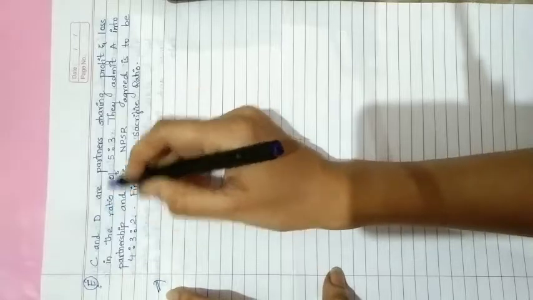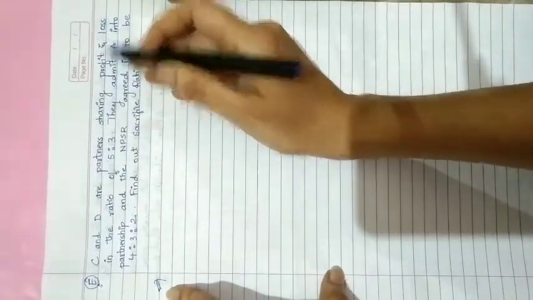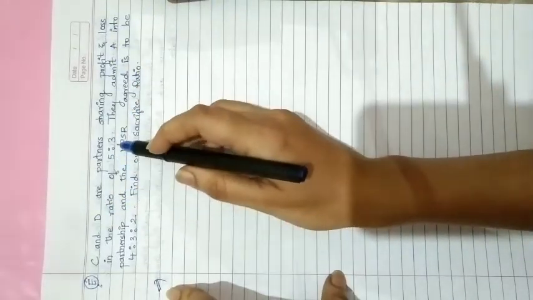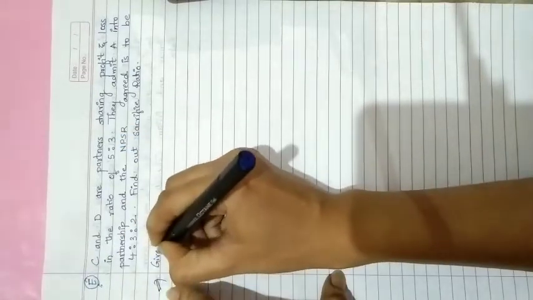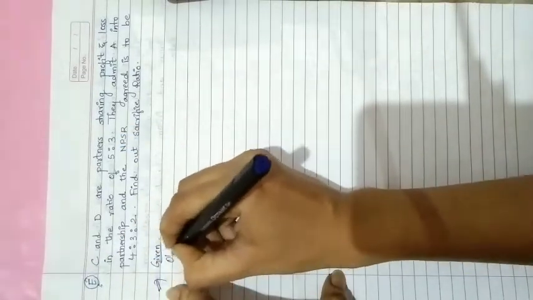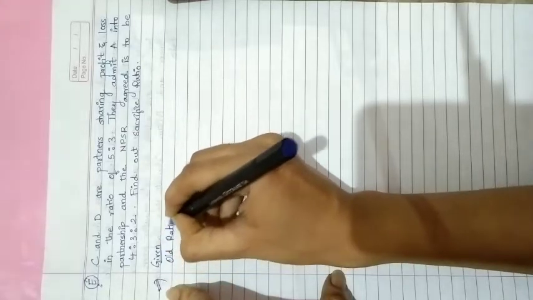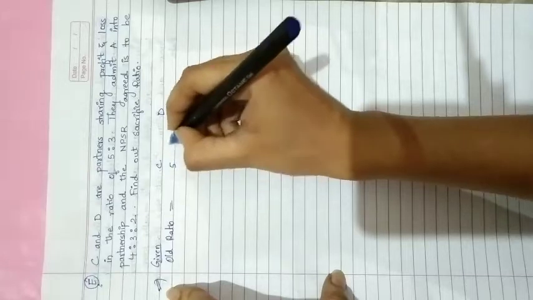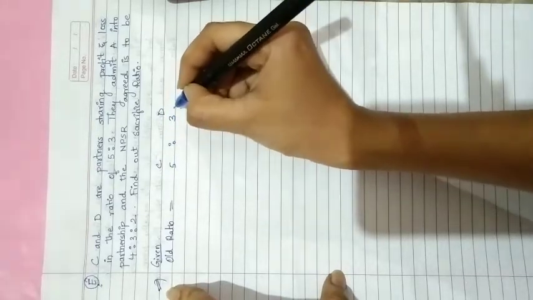Now, what is given in this question? C and D are partners sharing profits and loss in the ratio 5:3. So, these details are given to us. The old ratio of the old partners, that is C and D, is 5:3.